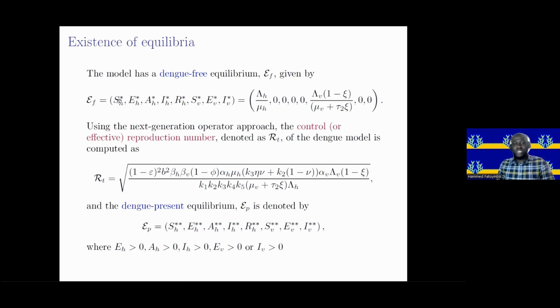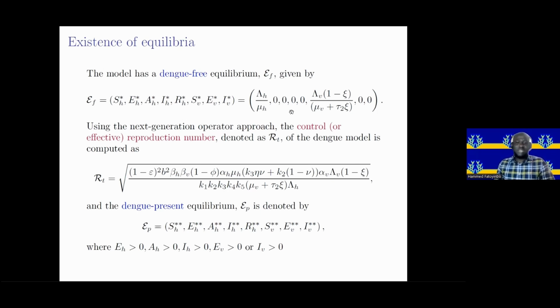As we know, in the dengue-free case the infected classes are zeros, so EH up to IH and RH are zeros, and the same for EV and IV. We have lambda H over mu H as the disease-free equilibrium for the susceptible human class, and this term here for the susceptible mosquito class.